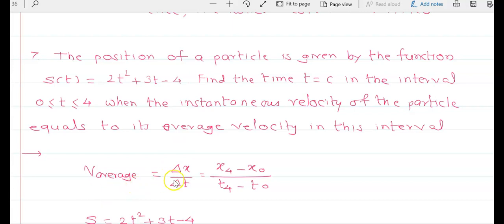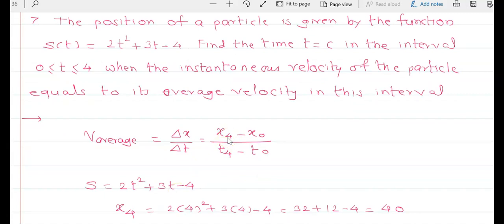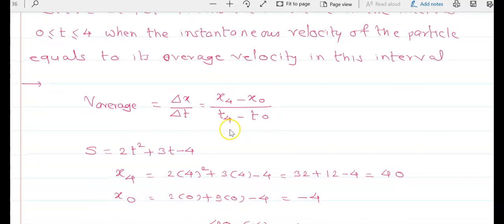Now the average velocity is Δx/Δt, which is (x4 - x0)/(t4 - t0). We have s = 2t² + 3t - 4. Replacing t by 4, x4 = 2 × 4² + 3 × 4 - 4 = 32 + 12 - 4 = 40, and x0 = 2 × 0 + 3 × 0 - 4 = -4.